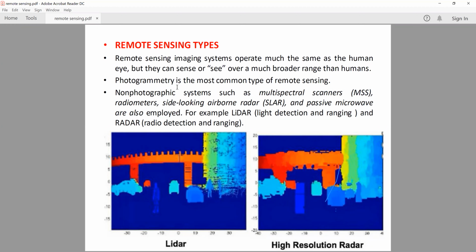So it sends out lasers, and by then seeing the reflectivity of those lasers, it can draw a picture. So on the bottom, on the left, you have a LiDAR image. On the right, you have a radar image, and you can see the difference, the level of precision. So it depends on what is the ultimate objective of what you want to achieve out of remote sensing.